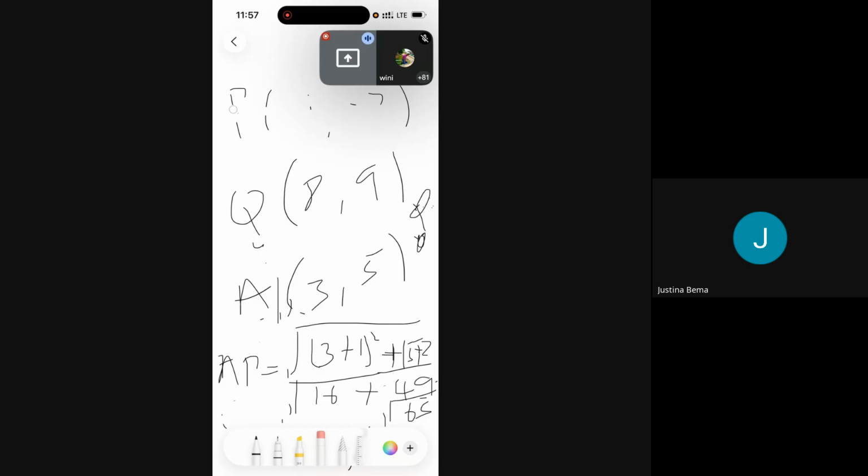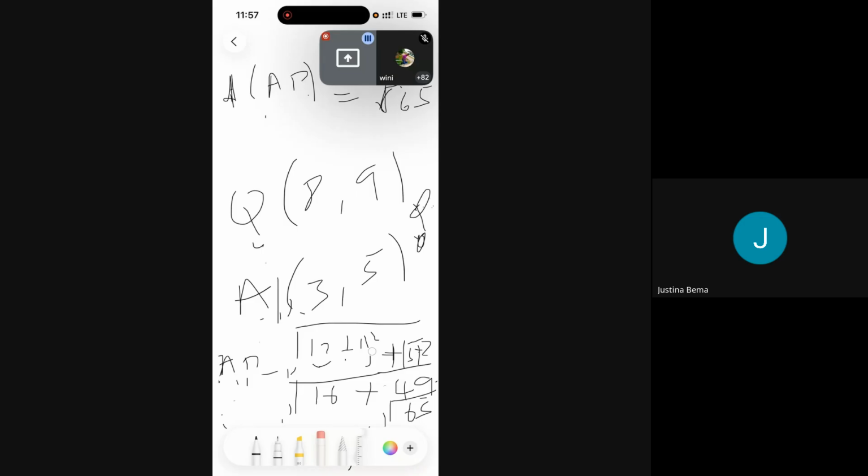So the distance AP is equal to root of 65.